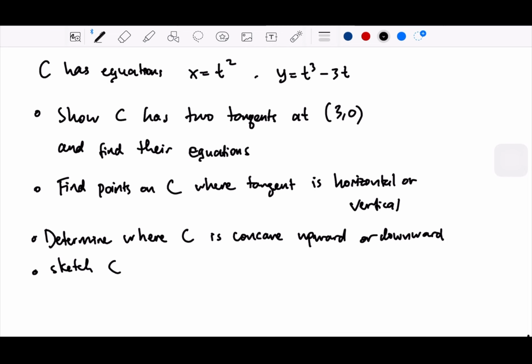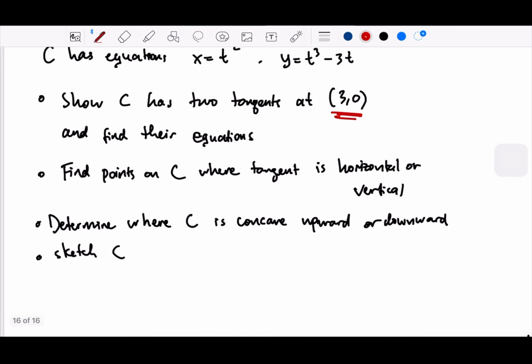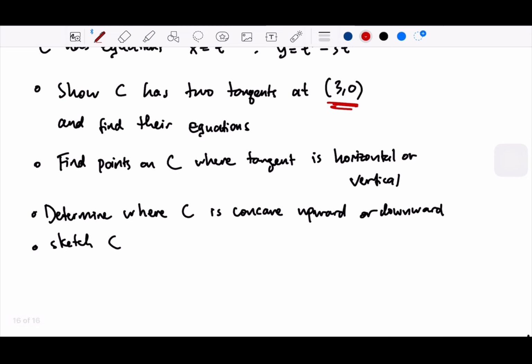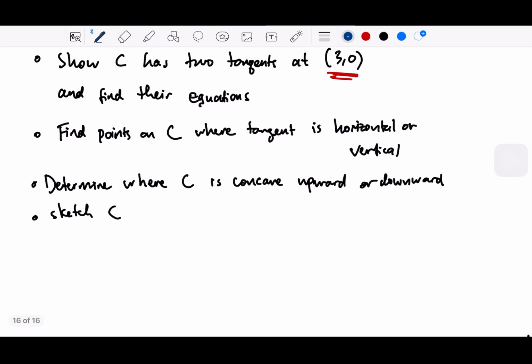So the first question on this parametric curve: we have this point (3, 0), which means we could take this into our x and get our t. So at (3, 0), we could take this into our equation, and t must be plus or minus the square root of 3.